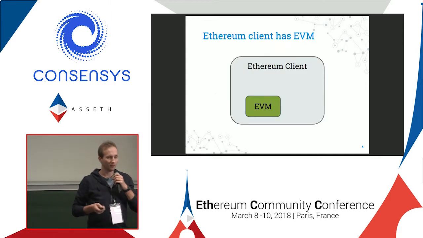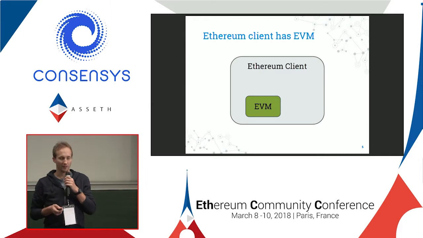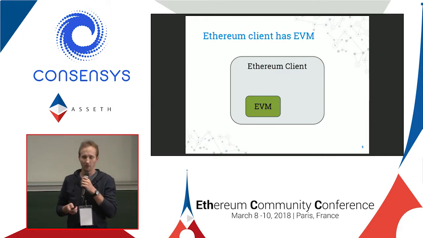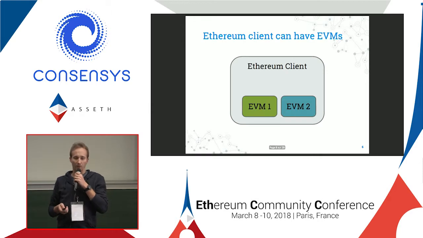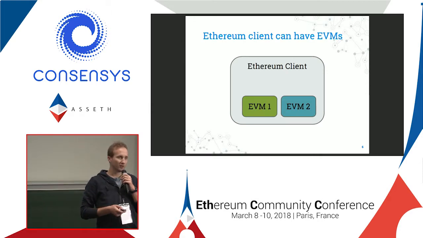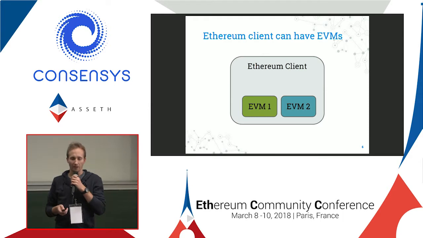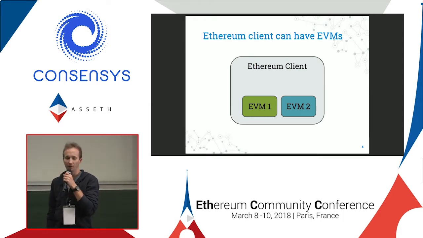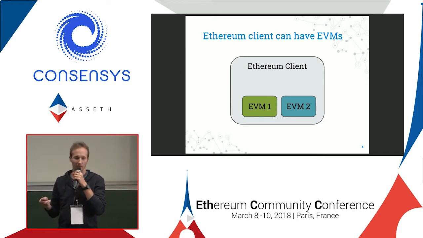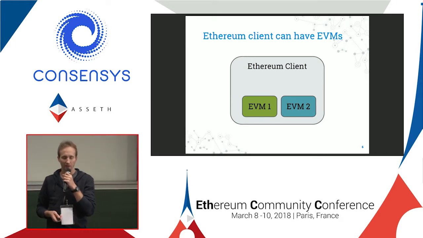So yeah, as Alex said, this magic virtual machine is not closely matched with existing hardware, but we have many implementations of it, and clients ship with VM implementations. It can also happen that a client can have multiple implementations of the VM inside.